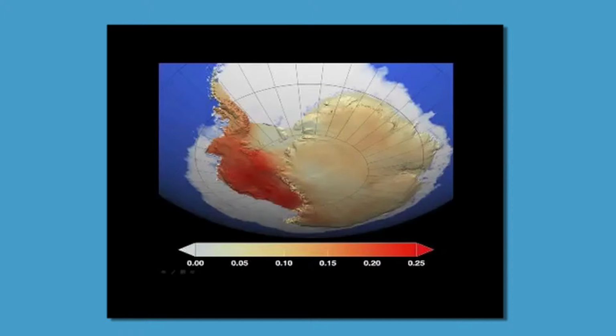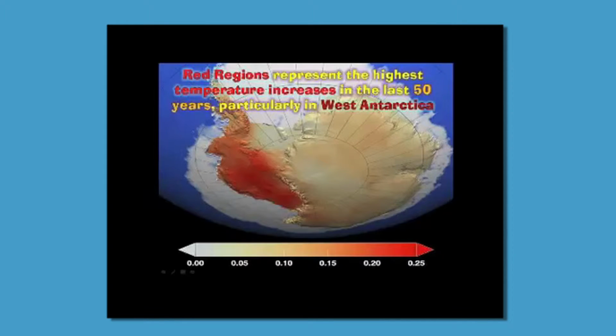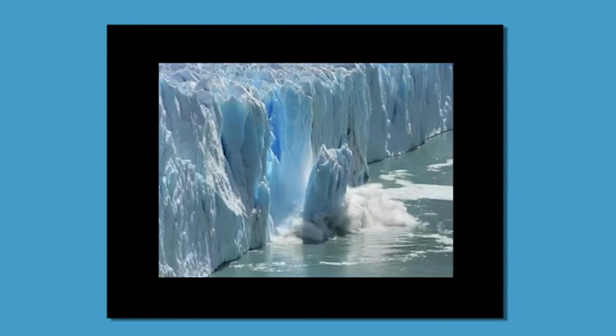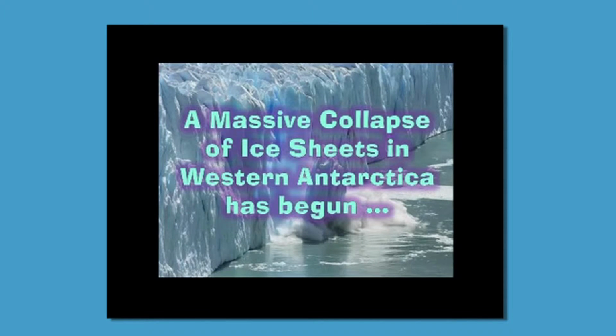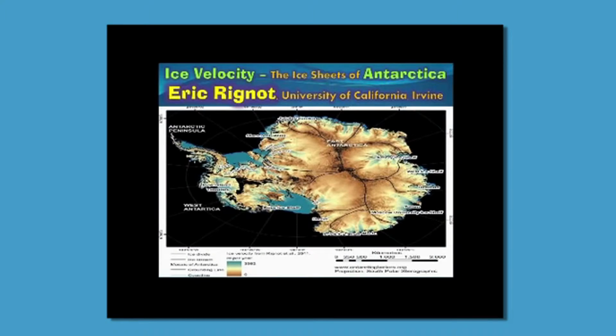Over the last 50 years, Antarctica has heated up a lot, and we can see here the red regions really represent the places where the temperature increases have been the highest in the last 50 years, and that's West Antarctica. And it is melting. There's no way around it. The massive collapse of ice sheets in West Antarctica has now begun.